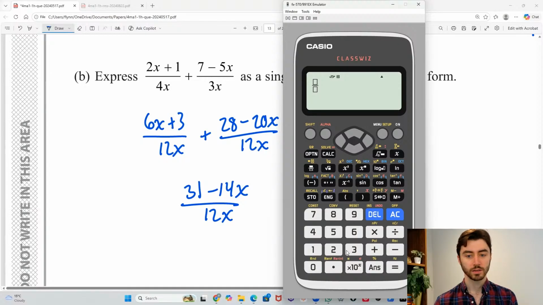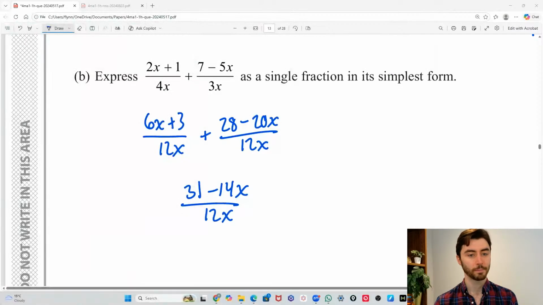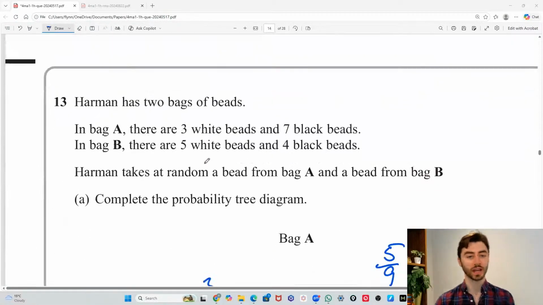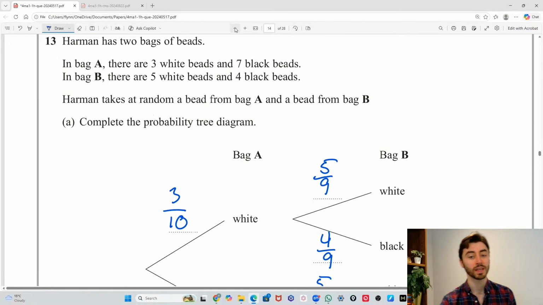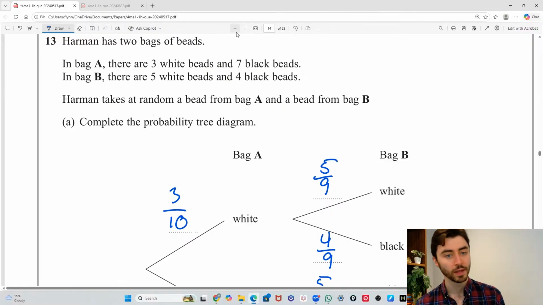I can say 2 answer plus 1 all over 4 answer plus 7 minus 5 answer all over 3 answer, and then subtract off what I get. 31 minus 14 answer all over 12 answer should give me a clean 0, which it does. So I got that right. That's a really good check. Like, find a way to plug something into a calculator that should get you 0.